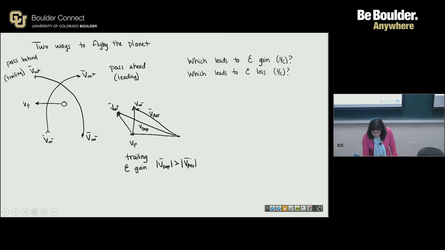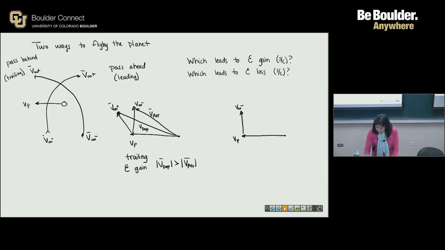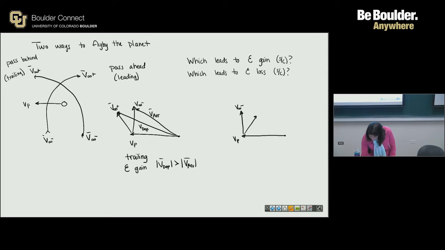If we look at the leading case, again, the velocity of the planet, here's V infinity incoming. But now V infinity out is this direction. So velocity at departure is smaller than velocity at arrival.